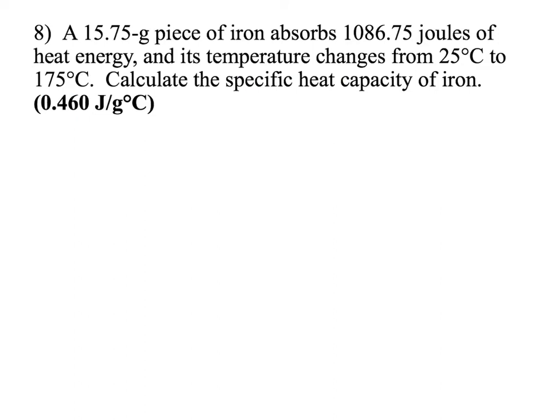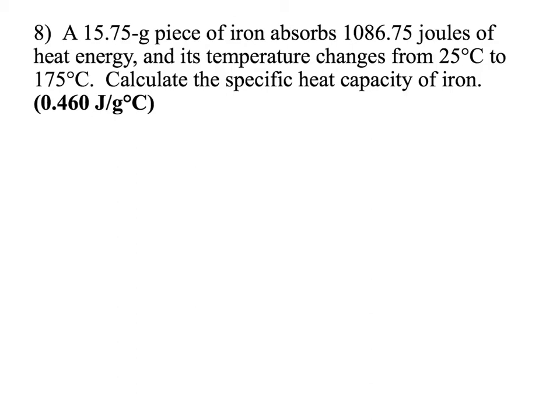The last question on the worksheet, number 8: a 15.75 gram piece of iron absorbs 1,086.75 joules of heat energy, and its temperature changes from 25 to 175 degrees Celsius. Calculate the specific heat capacity of iron.